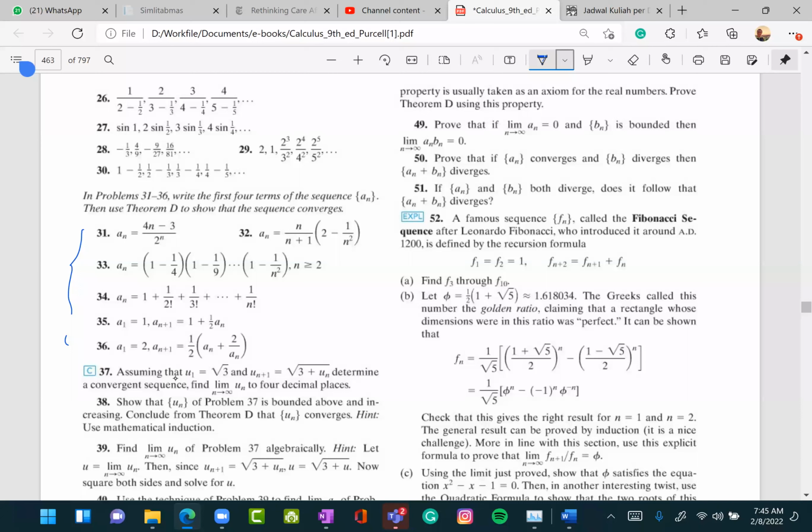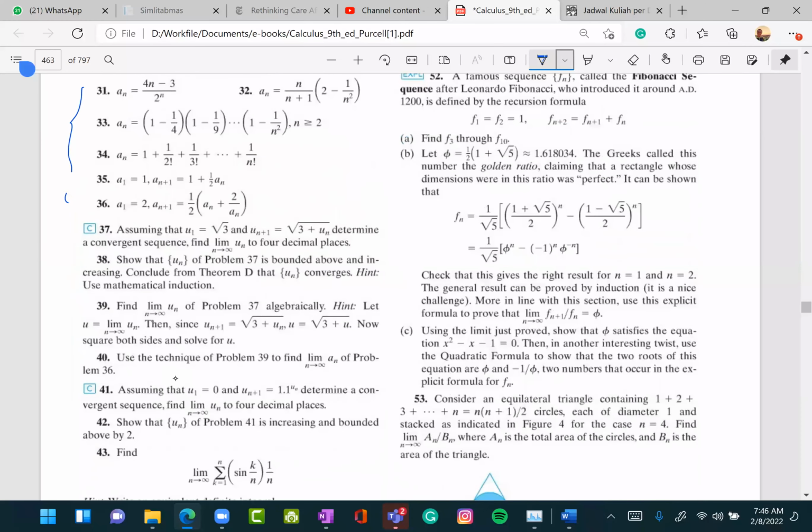For example, okay, let's do 34. So this is 1 plus 1 over 2 factorial until 1 over n factorial. So we have a kind of complicated sequence.